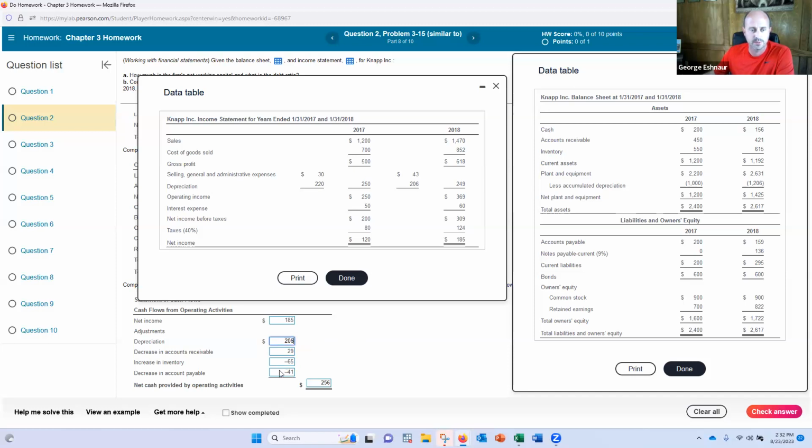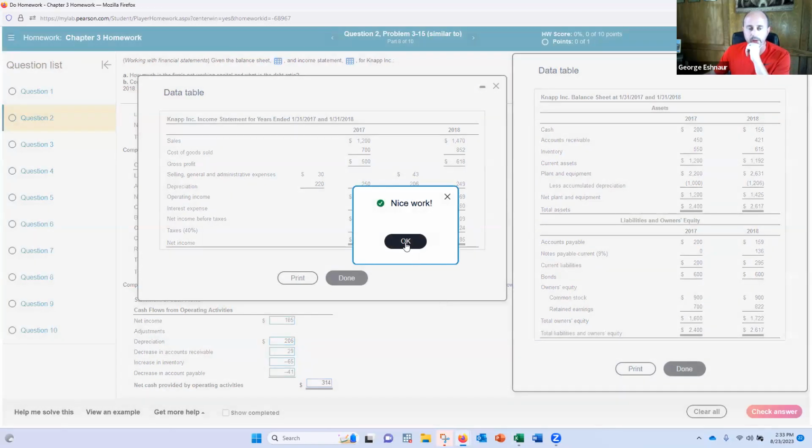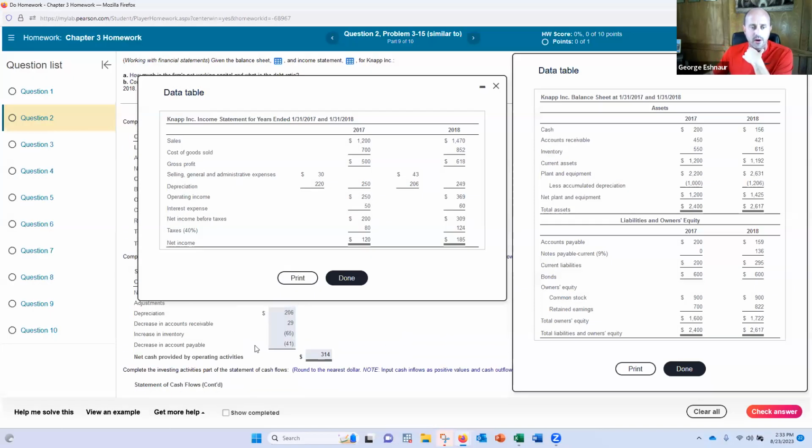Increase in inventory was expense, decrease in that. And so that was my mistake on the AR.